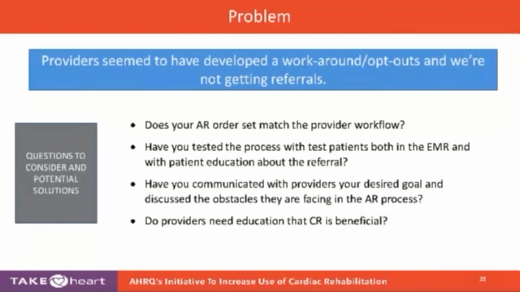Knowing that this was routinely used by my colleagues, I spoke with the hospital administrator as well as our division chief to explain that yes, this may be a little additional work on the front end, but in the long run it's not only better for patient health and satisfaction, it will reduce hospital costs, because if you participate in cardiac rehab, you're less likely to have a recurrent cardiac event. I was very open with my division chief, saying my EP colleagues may be annoyed that they have to be forced to click this. And he believed in what we were doing and the importance of it.